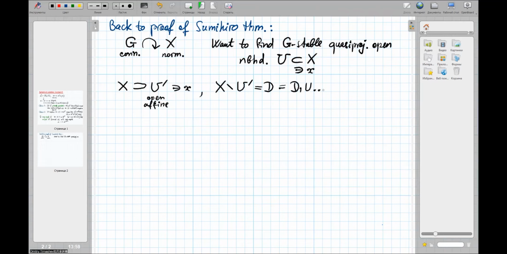Just remove this intersection, and then on the remaining part, the intersection will be empty. Yes, so would Di be cut off here? If we cut off this intersection, may we have a smaller Di? Yes, of course. You intersect your divisor with the open subset, and you get a divisor on this open subset.